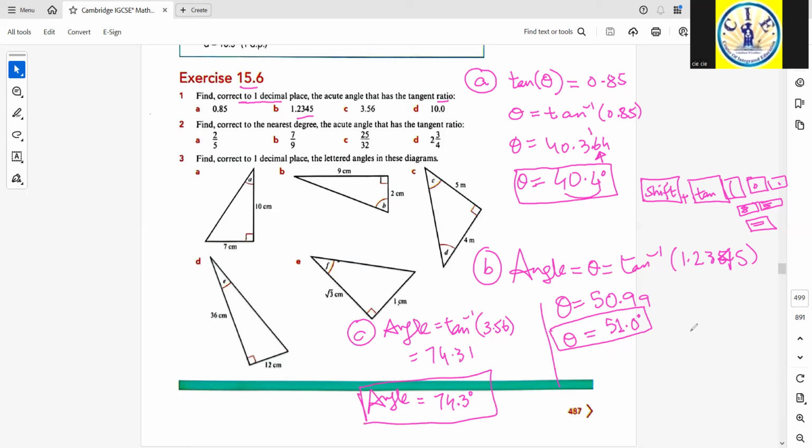Okay, then it is part D. Angle will be equal to tan inverse of 10.0, which is 84.289.